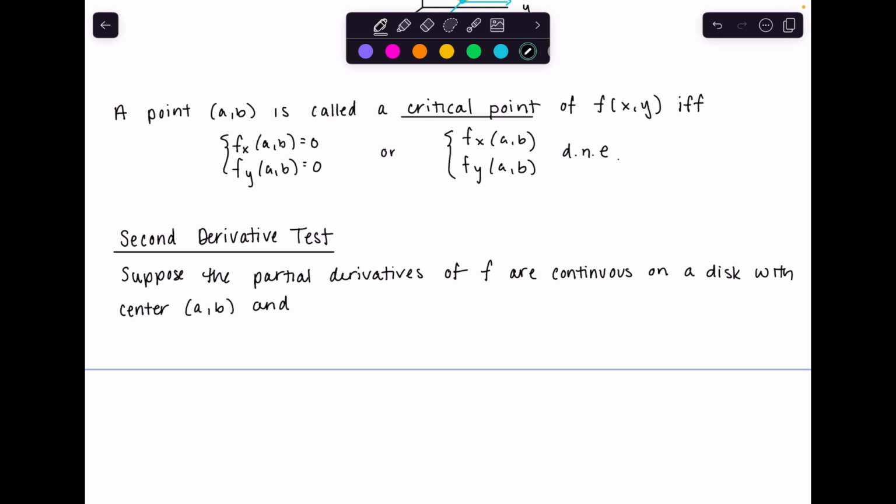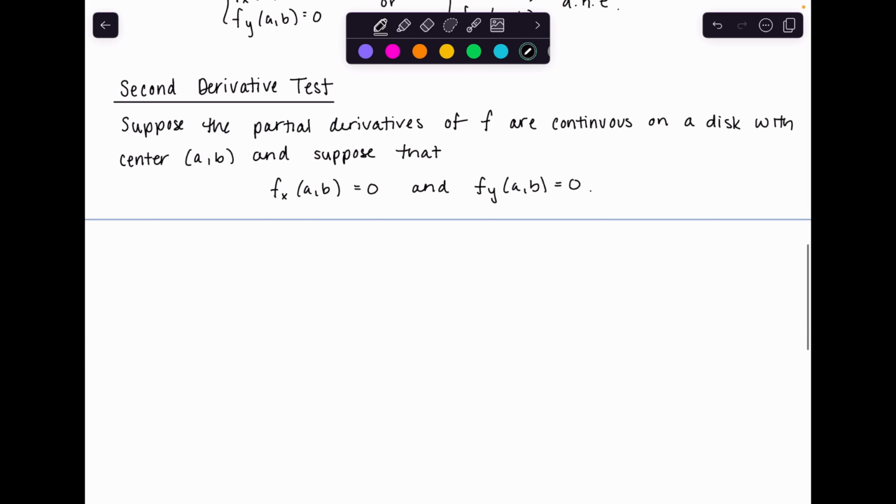And suppose that when you plug this point into the partial with respect to x, it equals 0, and the partial with respect to y at this point is 0. So essentially this is stating that the point (a, b) is a critical number of the function.